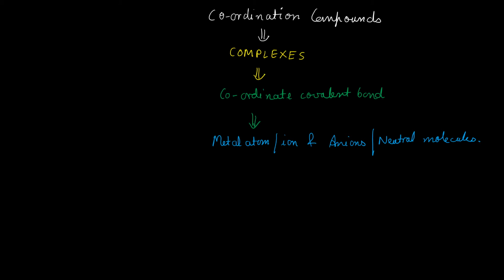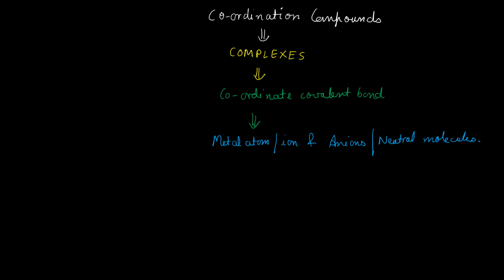So coordination compounds are complex compounds. They have coordinate covalent bond in them and that coordinate covalent bond will be present between metal atom or ion and surrounding anions or neutral molecules.